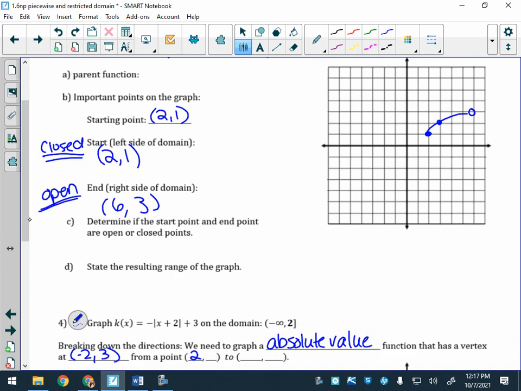Can you tell me what the range will be just of that restricted domain? What would the range be?